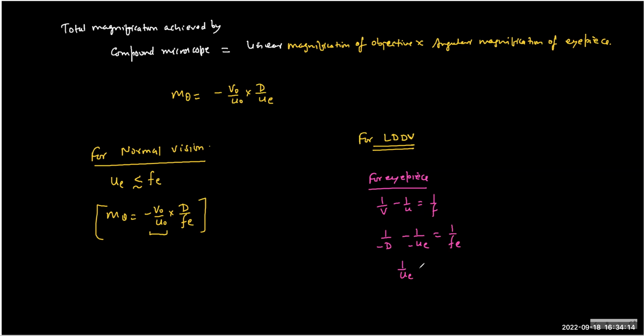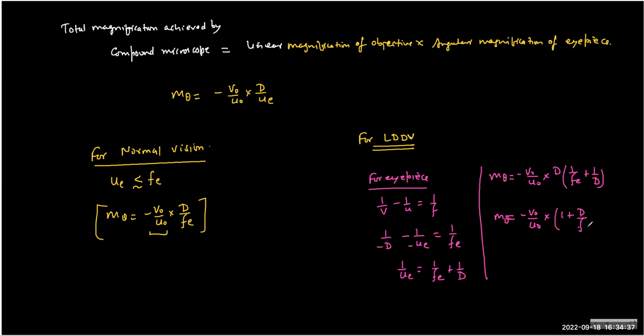So 1 by UE turns out to be again 1 by FE plus 1 by D. So the final magnification is minus V naught by U naught, and D by UE. So D by UE becomes 1 by FE plus 1 by D. And again, you can see it is a similar answer to before, only with one extra factor coming, and the D by F is now replaced by D by FE.